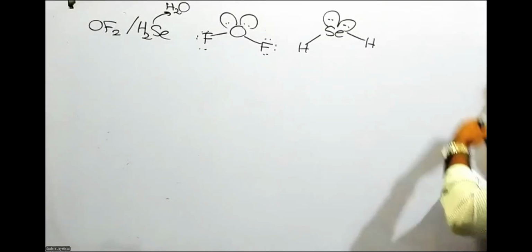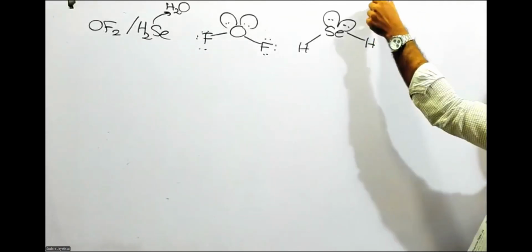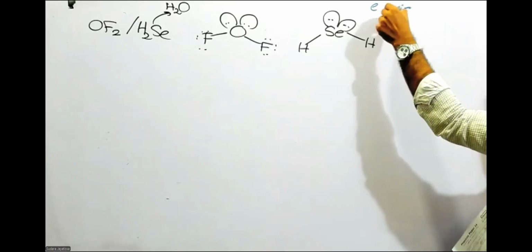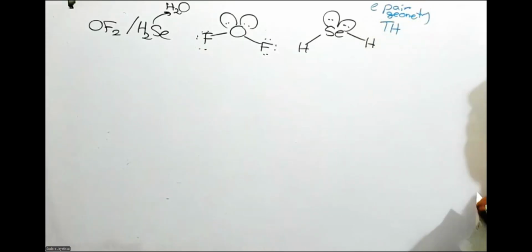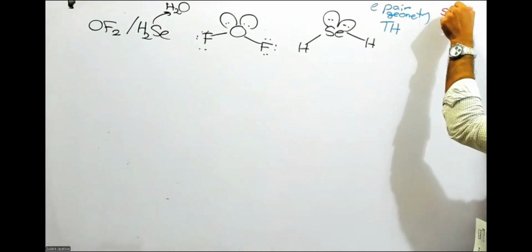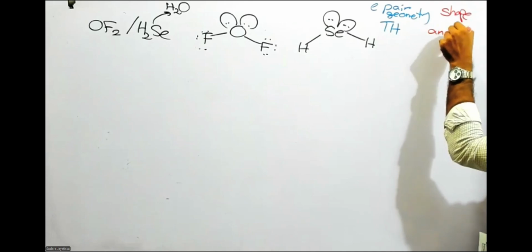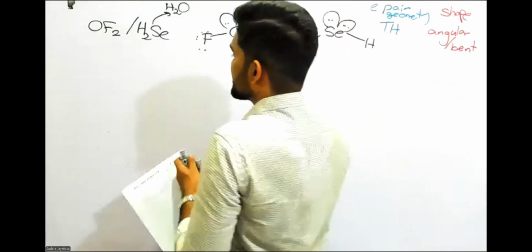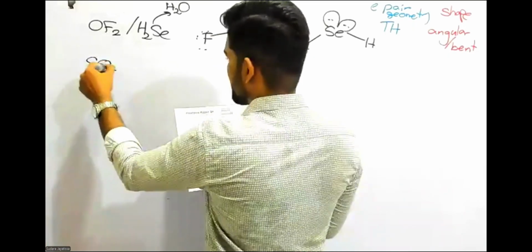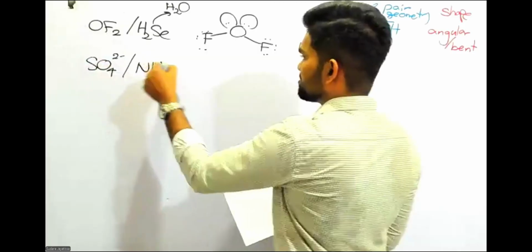So we can write tetrahedral electron pair geometry, and then you can say the shape is angular or bent. Then look at the next one: SO4 2 minus and NH3.